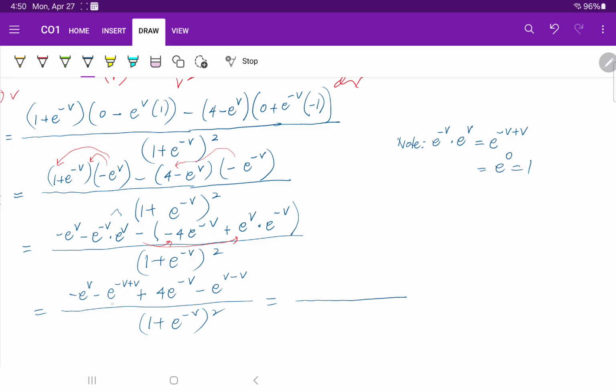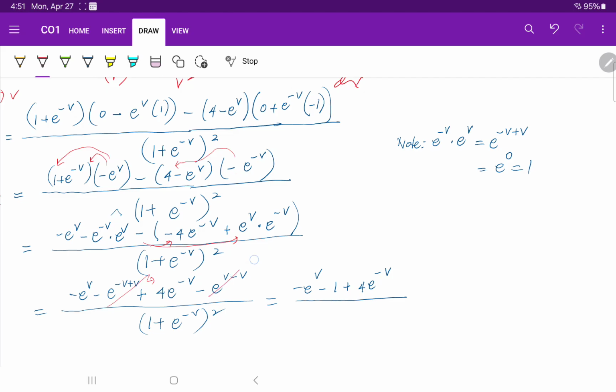So, therefore, this is equal to, let's use a different color for this. This is equal to what? You'll have e to the v, negative e to the v, minus 1, because it's e to the 0. And then, plus 4 e to the negative v. And again, this is what? 1.